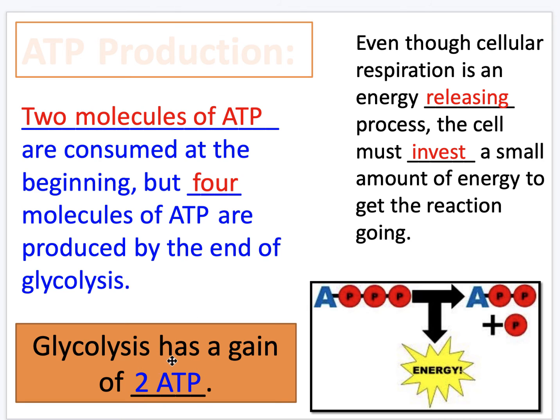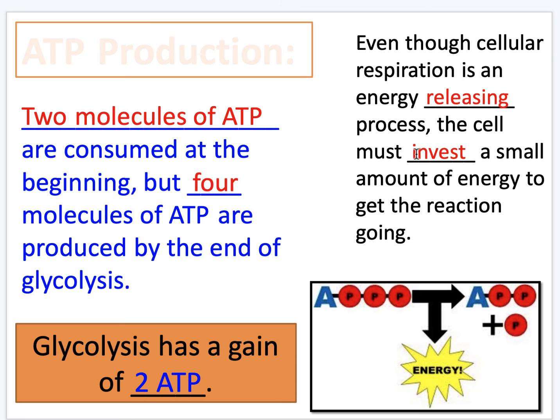But that's not really a whole lot. So it's rather inefficient because there's no oxygen available. It says, even though cellular respiration is an energy-releasing process, in other words, cellular respiration takes that glucose and breaks down the glucose into ATP, that's what it means by energy releasing.